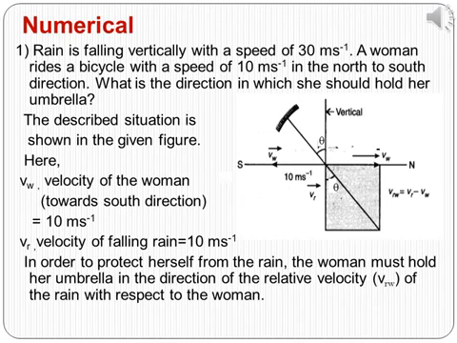In order to protect herself from the rain, the woman must hold her umbrella in the direction of the relative velocity, that is, the velocity of the rain with respect to the velocity of the woman, which is VRW. As shown in the given figure, VRW is equal to VR minus VW, which is also obtained by using the triangle rule.